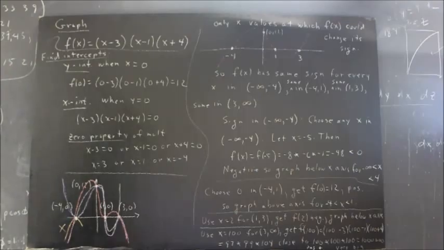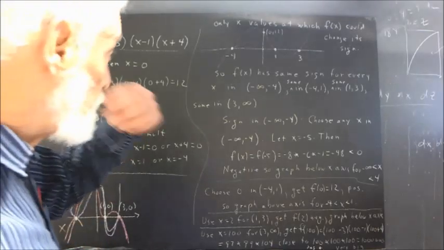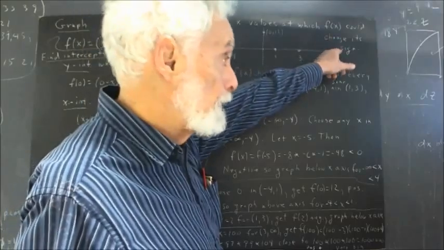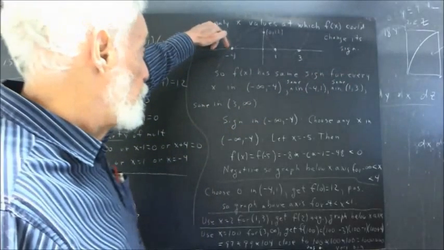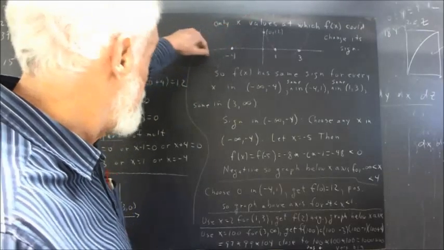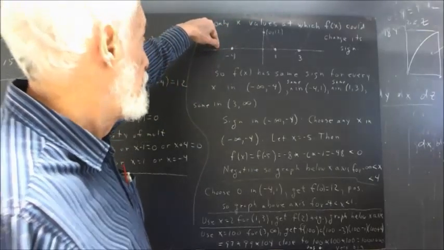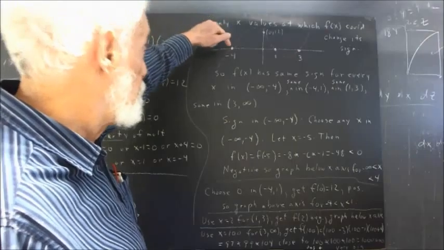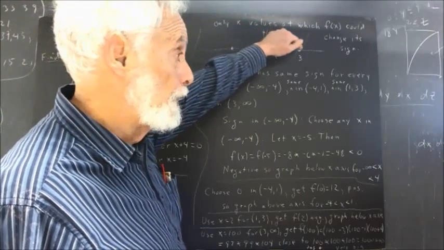So there are all kinds of ways we could go through these points, and we have to determine which way actually happens. Well, we use the fact that the only place the function can change its sign is at one of the zeros, because for the graph to go from negative to positive, it has to go through the x-axis. It can only do that at these points.